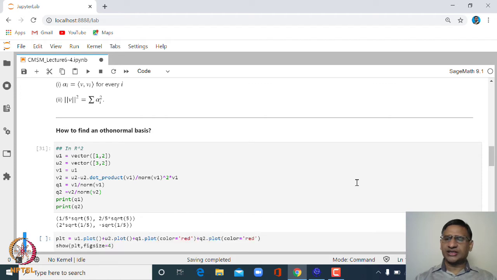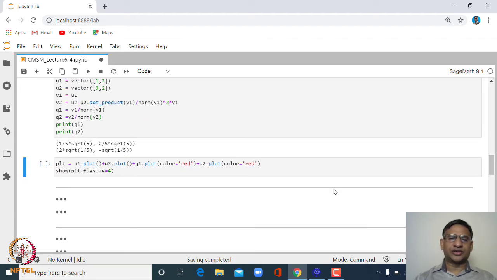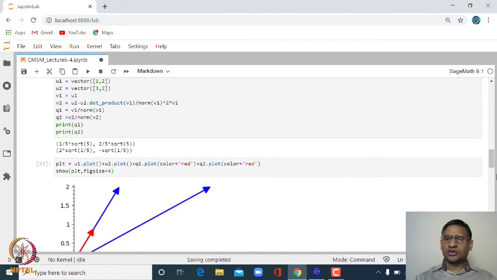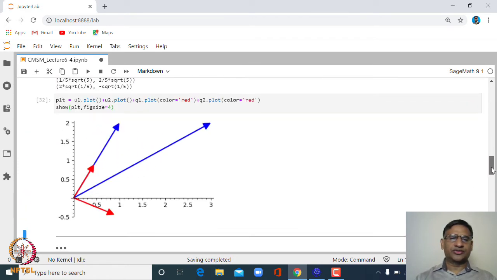Now, let us plot the graph of these 2 vectors u1, u2 which were given, and q1, q2 which we have obtained as orthonormal vectors. You can see here, this is u1, this is u2, and v1 we took as u1 divided by norm u1. So, it is a unit vector along this direction.